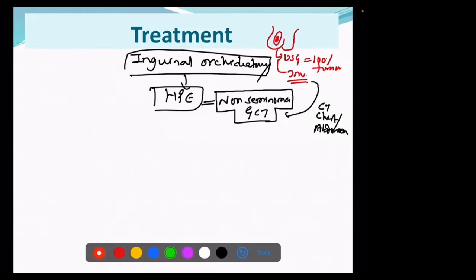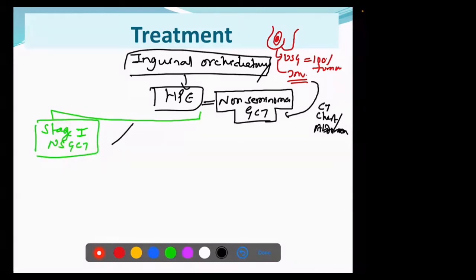Suppose a patient is having stage 1 non-seminomatous germ cell tumor. Again, stage 1 means the retroperitoneal lymph nodes are not involved. The tumor is confined to the testis.